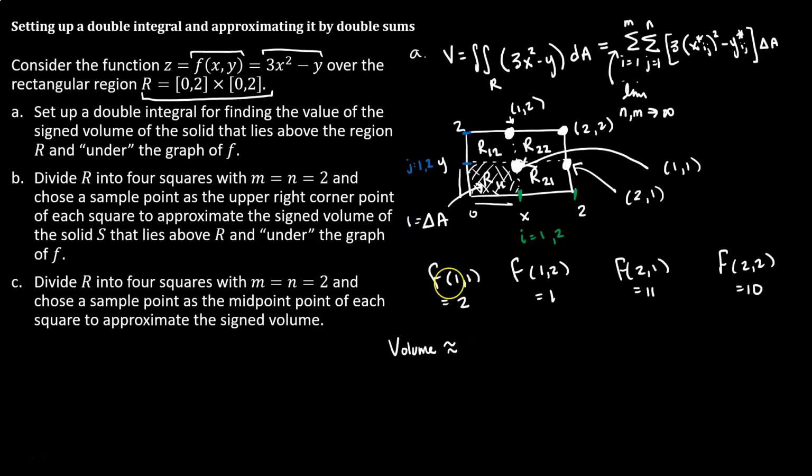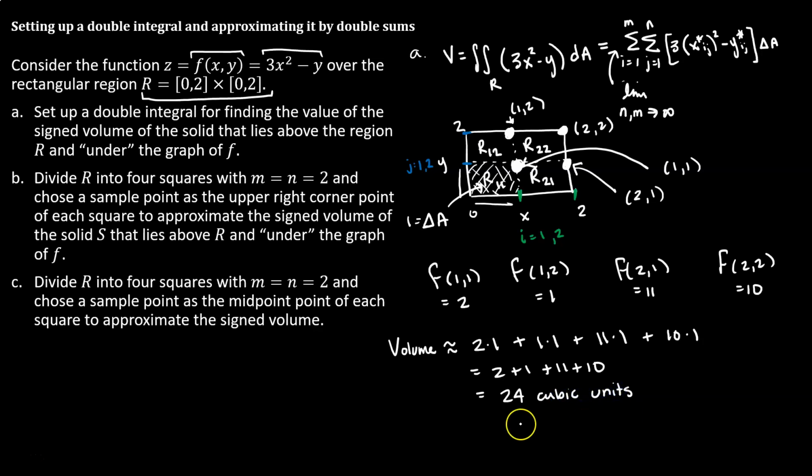So our volume is going to be f at 1, 1 times delta A, which is 2 times 1, plus f at 1, 2 times delta A, so 1 times 1, plus f at 2, 1 times delta A, which is 11 times 1, and then f at 2, 2 times delta A. And then we add all of those up, so we get 2 plus 1 plus 11 plus 10 for our final answer of 24 cubic units. So our volume is approximately 24 cubic units.